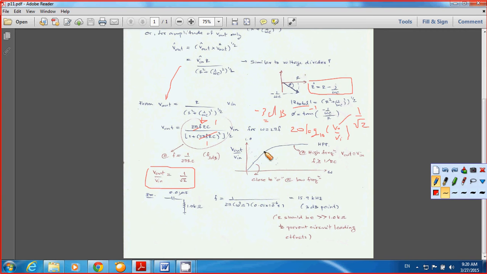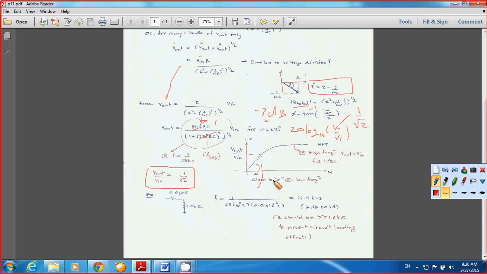So if you put the gain here, simply V out over V in, at the point where the ratio of V out over V in becomes 1 over square root 2, or your V out equals V in divided by square root 2, that defines the 3 dB point, or sometimes we call it the cut-in frequency.